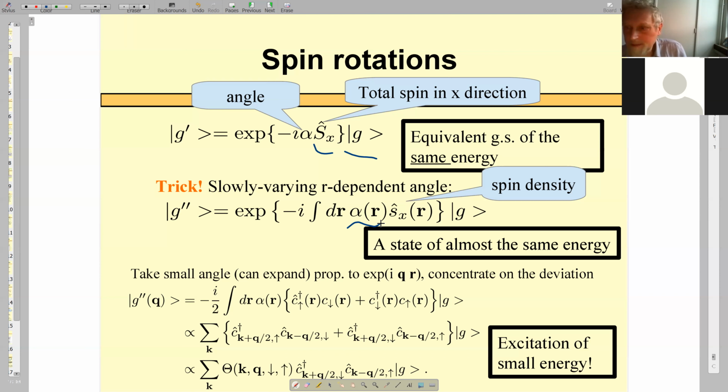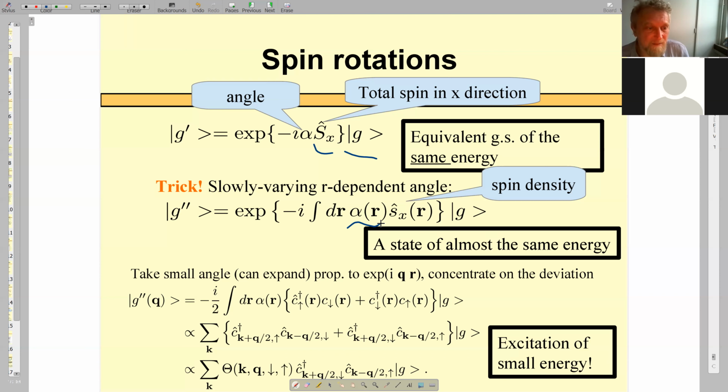Varying slowly is the limit of constant. So we kind of have an idea that the resulting state will be also low in energy. This is only true in a symmetric situation, all right?